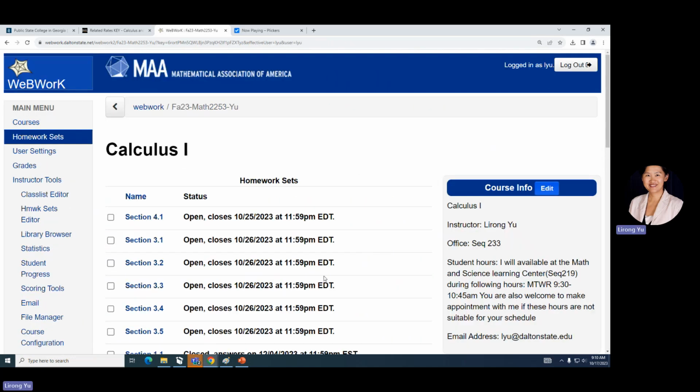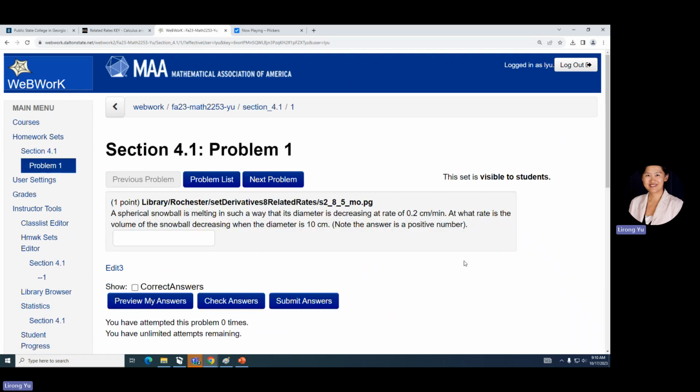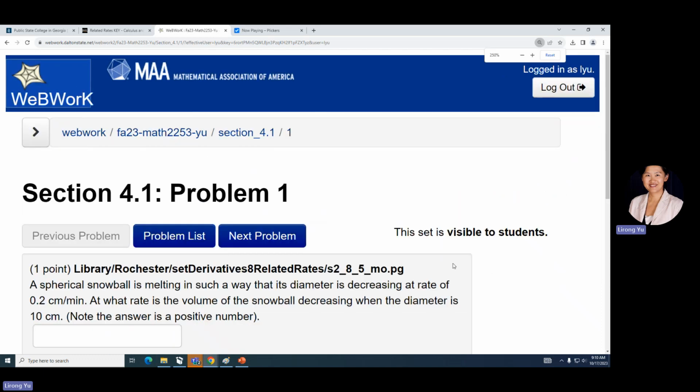Right, so now you should be able to see it. The first assignment, right? Try it on your side and see if you get a different number or the same number.